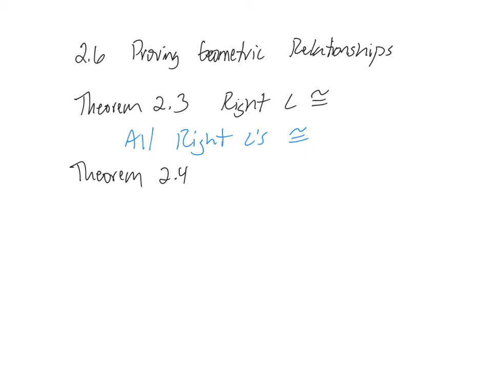All right, theorem 2.4 is called the congruent supplement theorem. And again, I will never ask you what's theorem 2.4. I probably won't ask you what's the title of it. You just need to know the information.